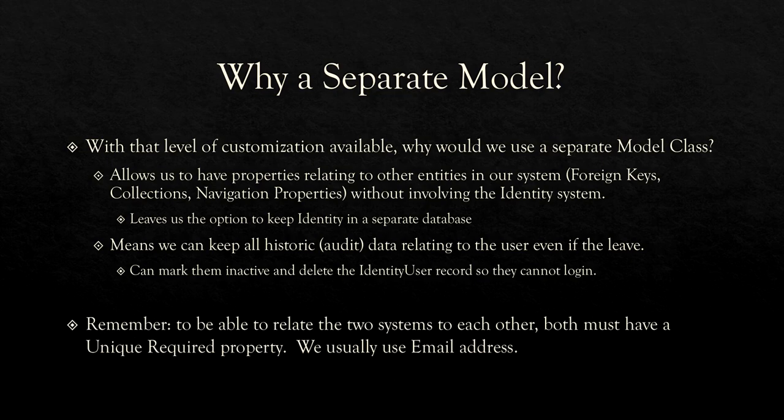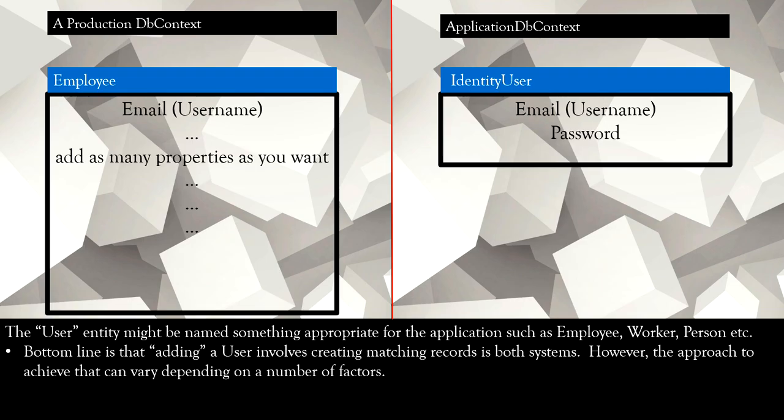Just remember that to be able to relate the two systems to each other, they have to have something in common. They both must have a unique required property that is common to both. That's where we usually use the email address, because it works out as something that is almost always unique and required in both systems.